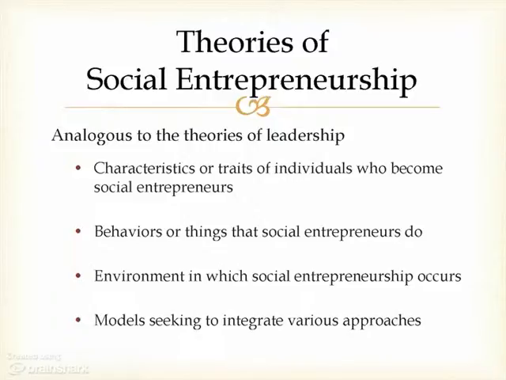And still others stress the environment in which the entrepreneurship occurs and take a situational approach, arguing that entrepreneurship occurs when an individual with the right characteristics coincides with the circumstances and the environment that are conducive to entrepreneurship activity. And then there are other models that seek to integrate the various approaches.